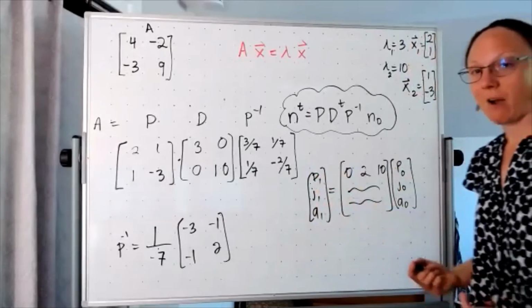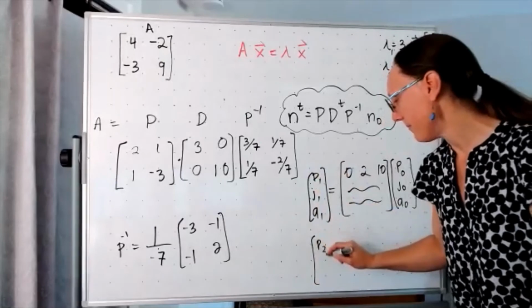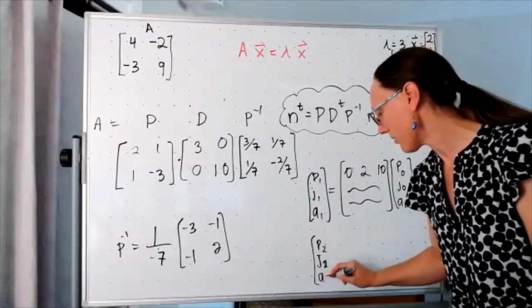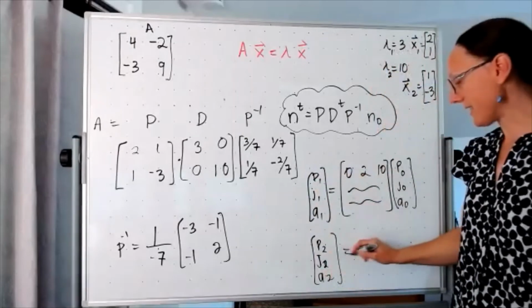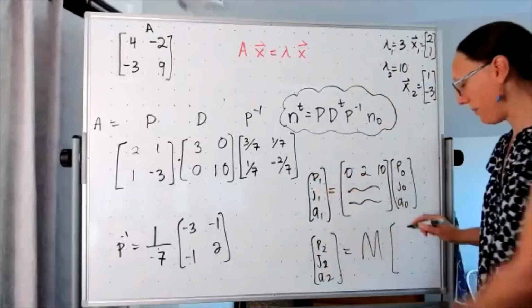Well, if I wanted to figure out how many puppies, juveniles, and adults I had after 2 years, I would take that same matrix that I'm just going to call M and multiply it by the answer we just got.